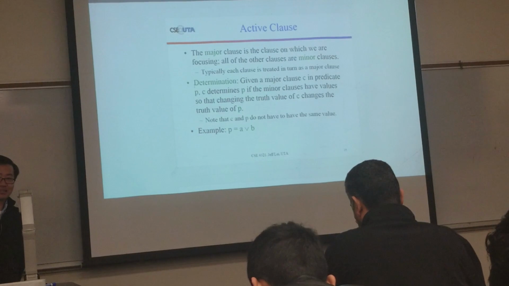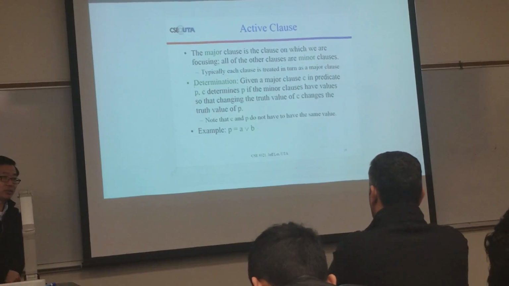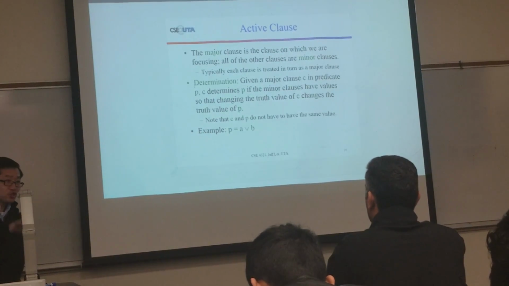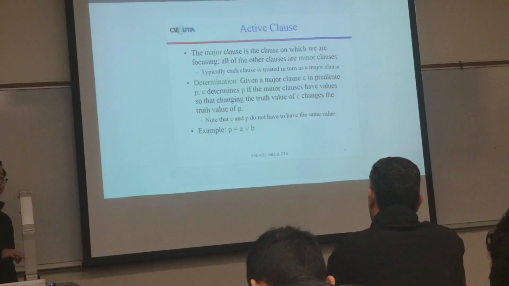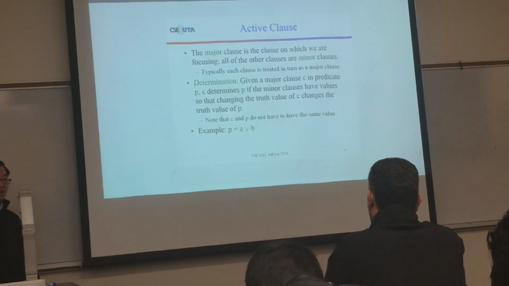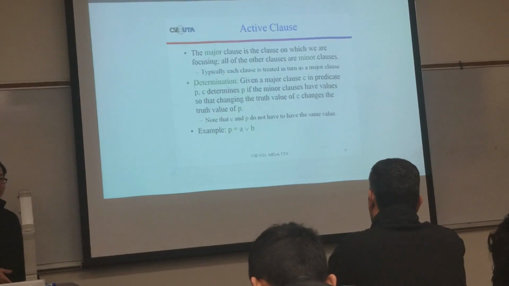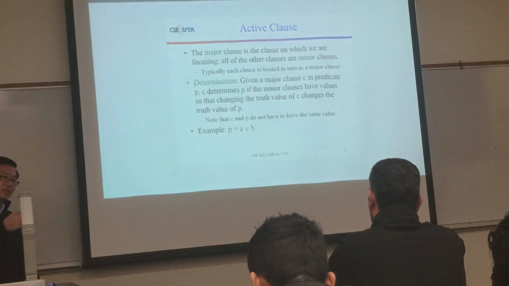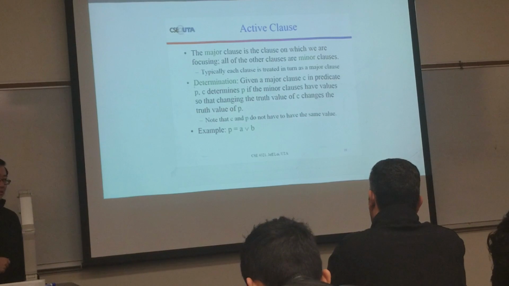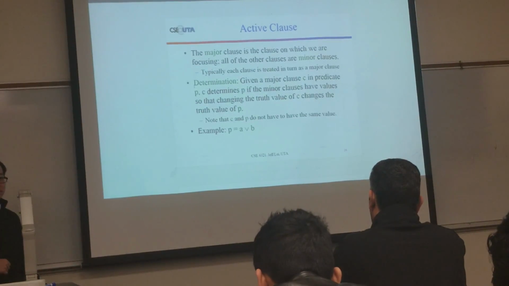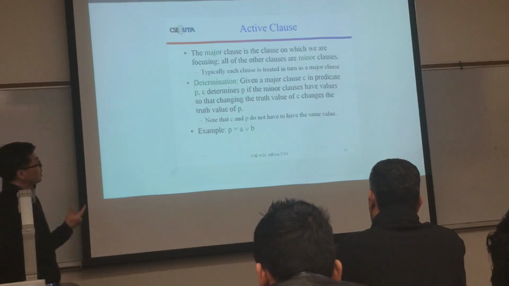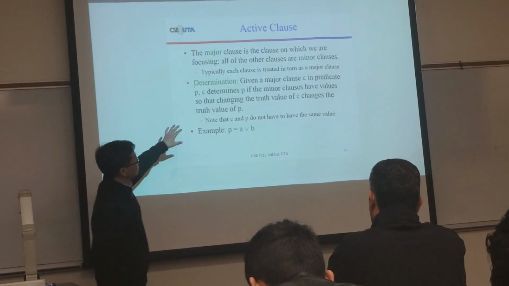All the other classes in the predicate, which are not my concern at this point, are called minor classes. But every class will get its turn. Every class will become a major class, and when it does, all the other classes are referred to as minor classes.